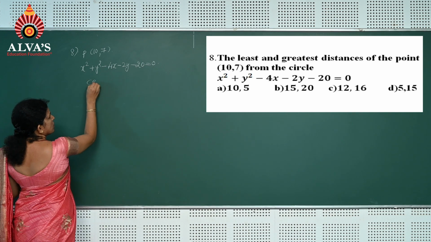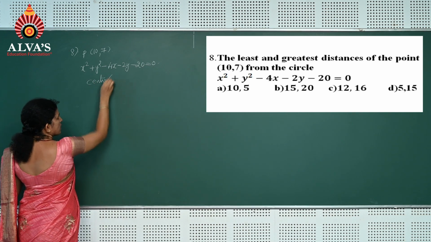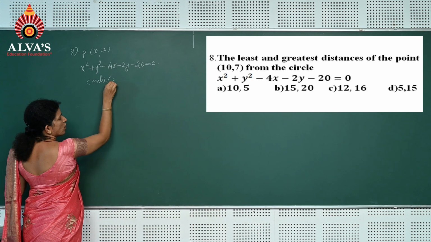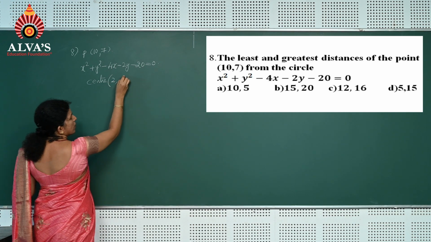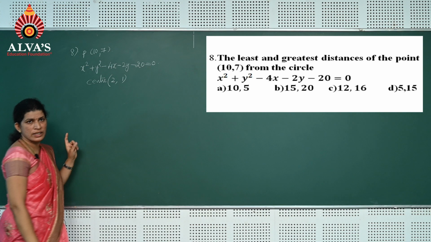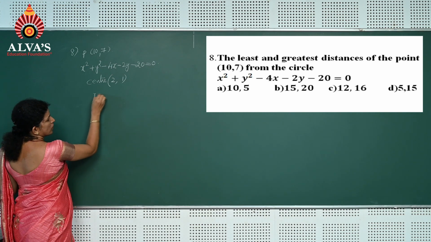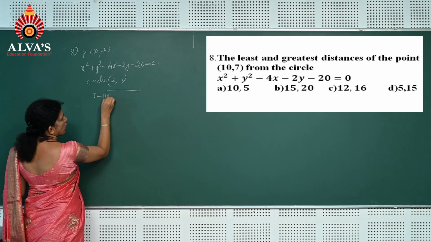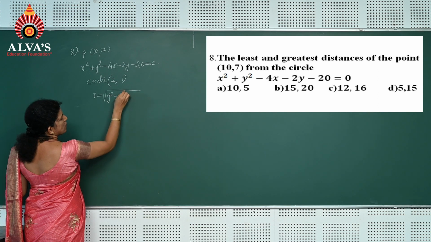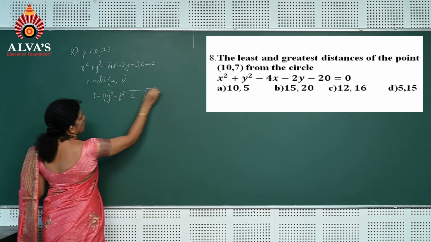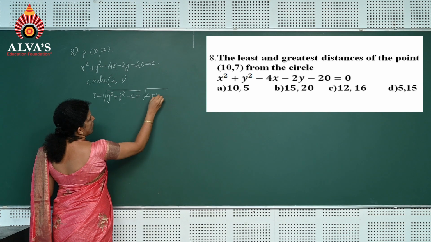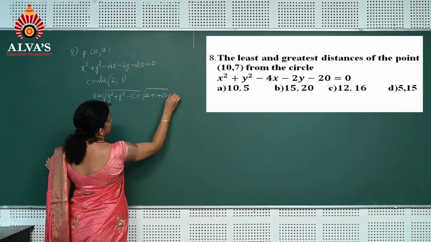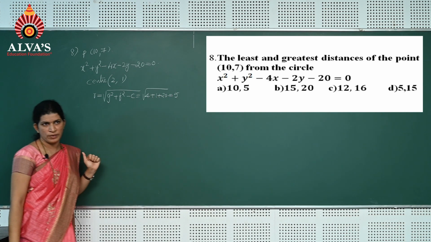Come to the given circle. Again, the center is nothing but minus half of the coefficient of x, that is 2, minus half of the coefficient of y, that is 1. Come to the radius, that is square root of g square plus f square minus c, that is square root of 4 plus 1 plus 20, that is square root of 25, that is equal to 5.